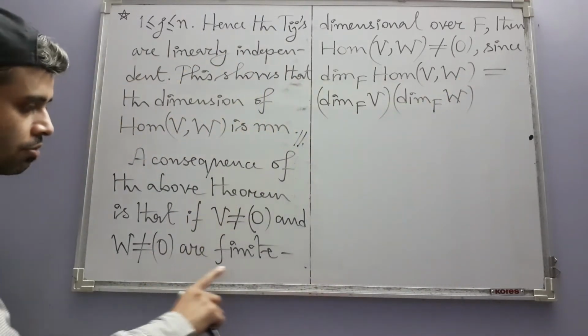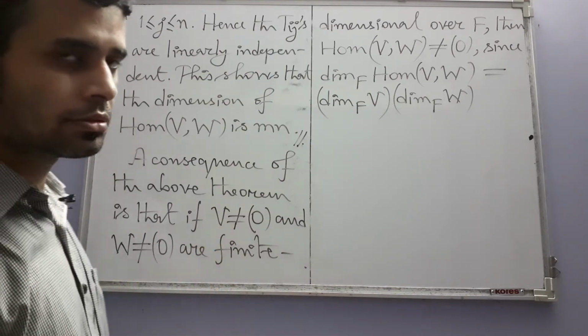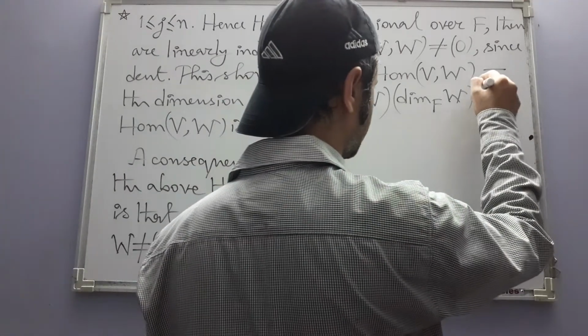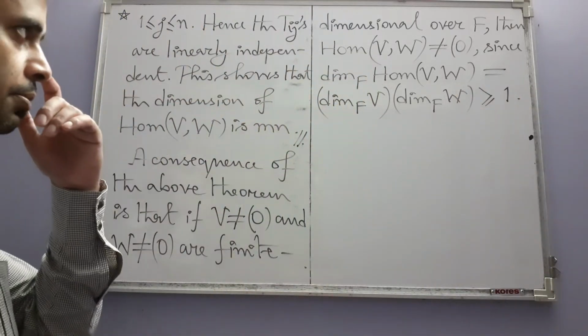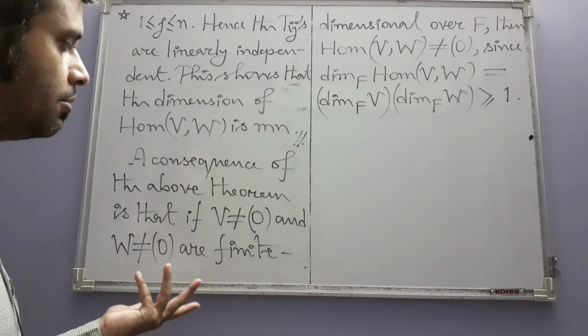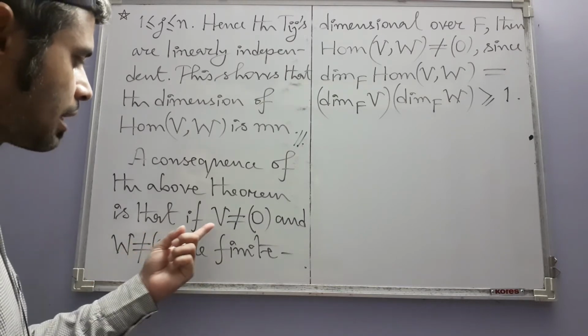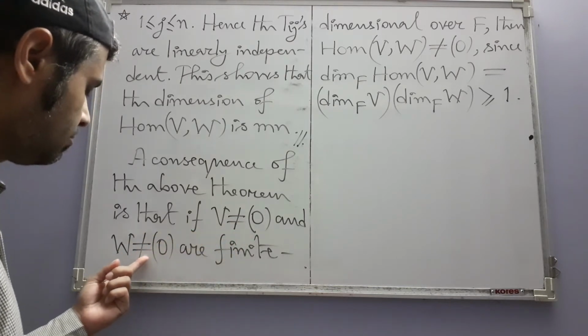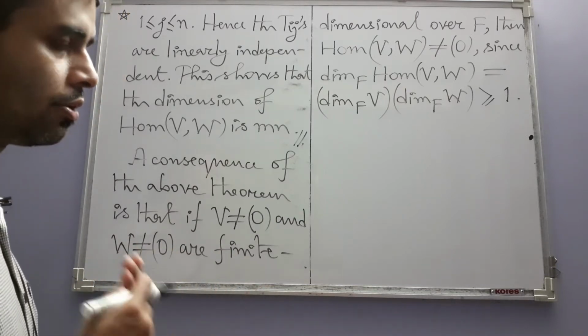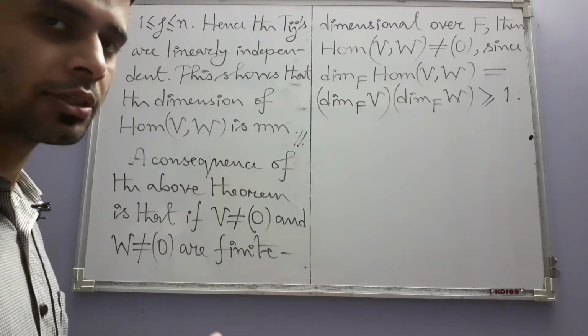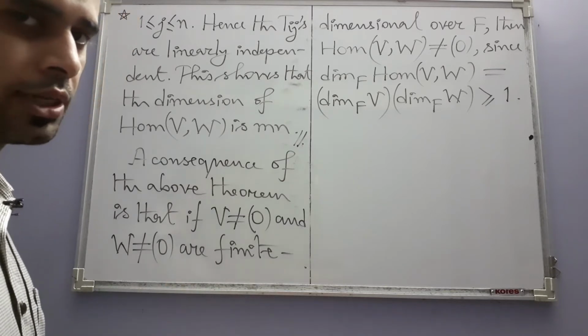And each one of them is greater than 0, that is greater than or equal to 1. So their product is also greater than or equal to 1. So that way we know that if we start off with non-trivial vector spaces, then there are also non-trivial linear transformations from any one of them to the other.